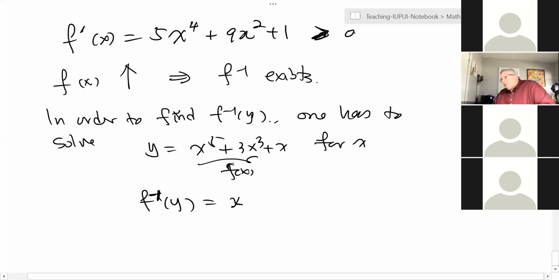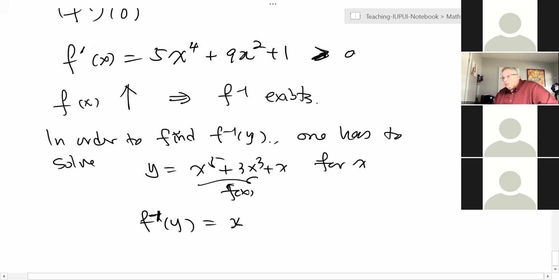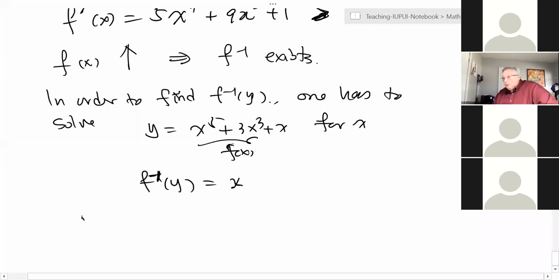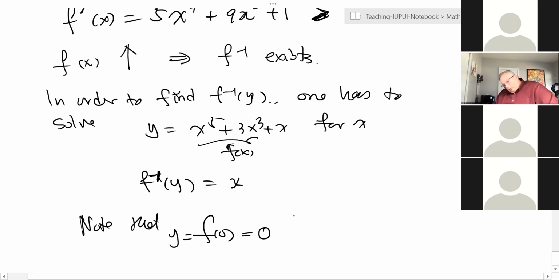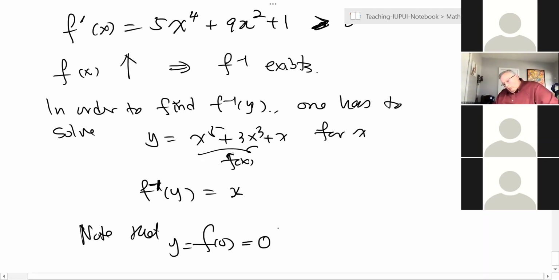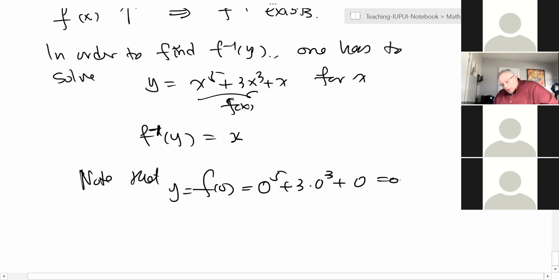Not only that, you note that f of 0 is going to be 0 to the fifth plus 3 times 0 cubed plus 0, which is 0. So the value of the inverse function at 0 is going to be 0 also.